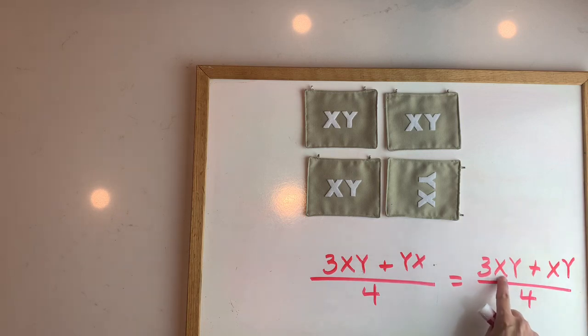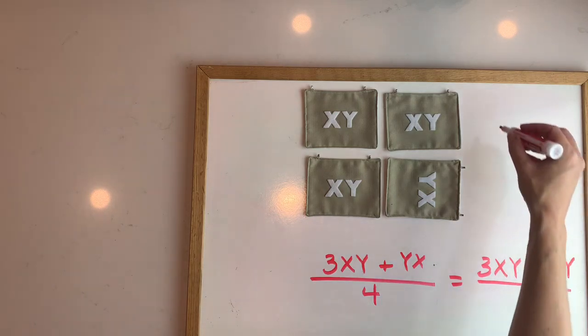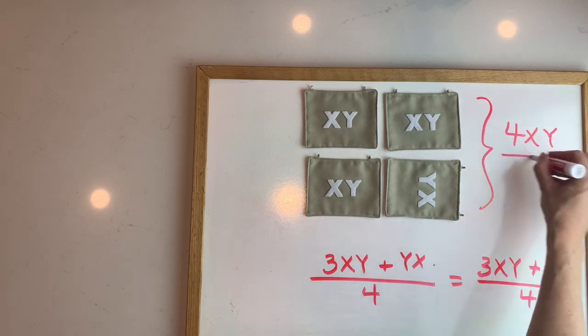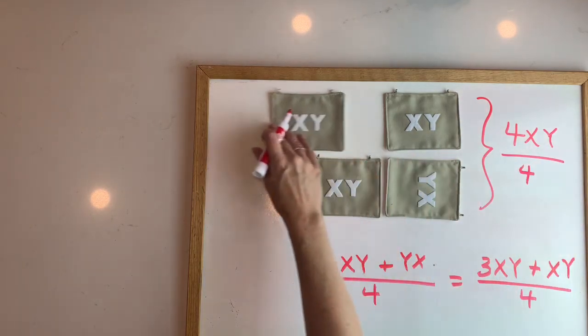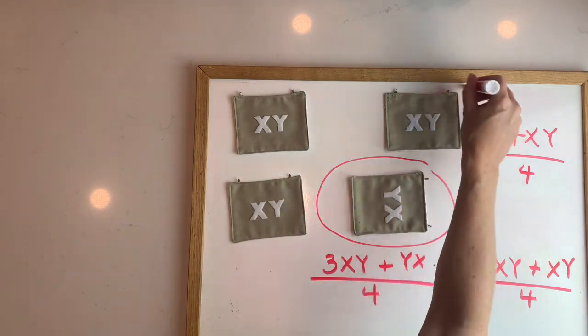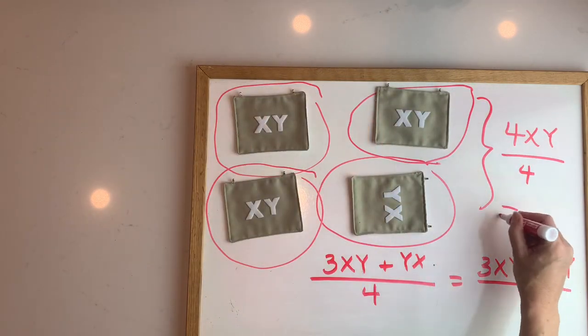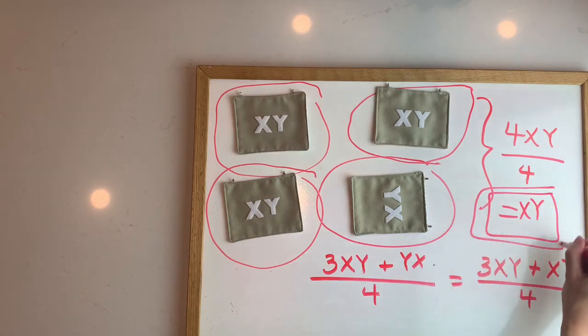When we add 3xy plus xy, we get 4xy. And 4xy divided by 4 equals xy.